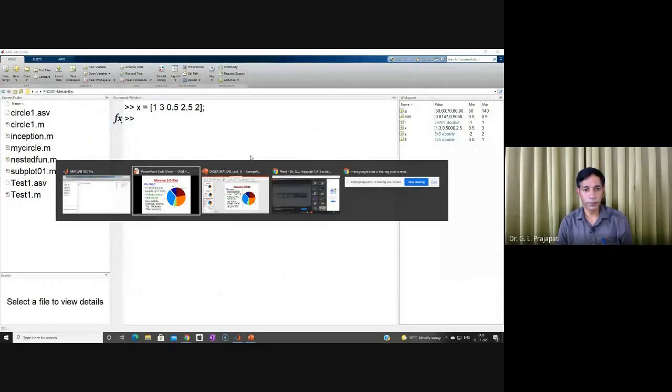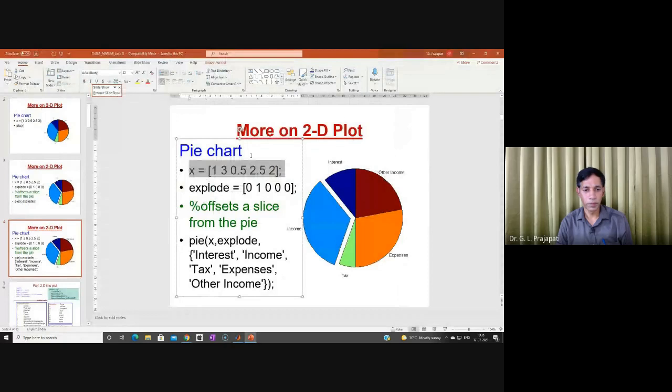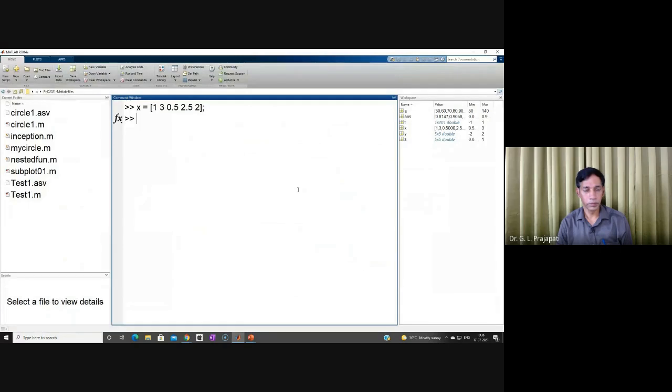So if you have explode, you are telling explode. Say you are saying pie, and you have the x value, then you have the explode.